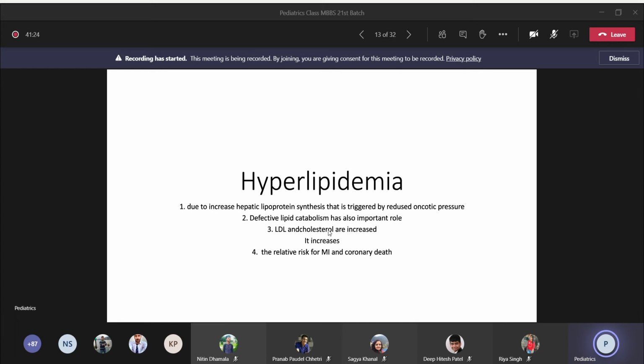And the fourth one is the relative risk for myocardial infarction and coronary heart disease. So with hyperlipidemia in case of nephrotic syndrome, the patient may suffer from all those diseases.